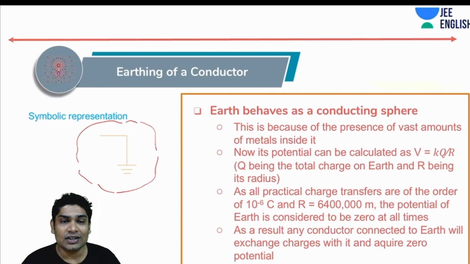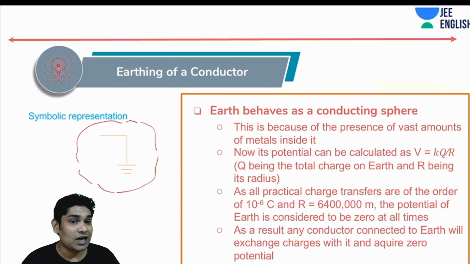And what is the radius of Earth? It is roughly 6400 kilometers, right? So that is of the order of 10 to the power plus 6. When you try and find out the potential using kq over r, potential will come to be of the order of roughly 10 to the power minus 3. For all practical purposes, I can say that potential of Earth is 0.